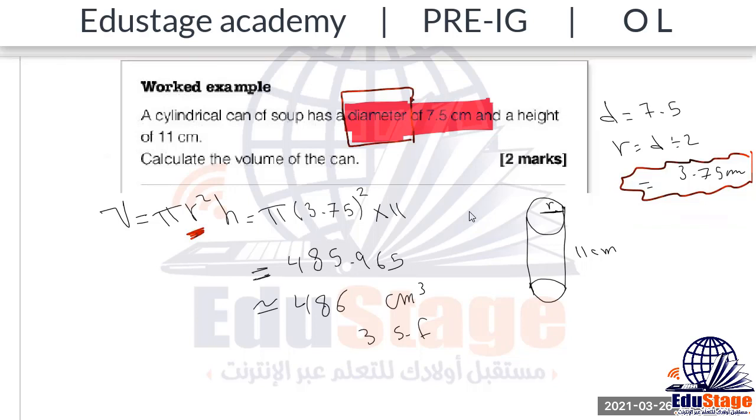We have here a circle. In the circle, you have the center of the circle. Then if you draw this, then AB is a diameter.